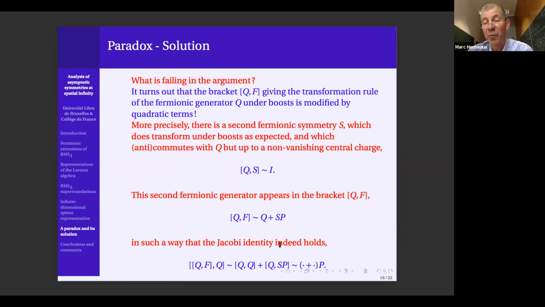So if you do the computation right, in a sense, you get these extra quadratic terms, and Jacobi identity indeed holds as it should.